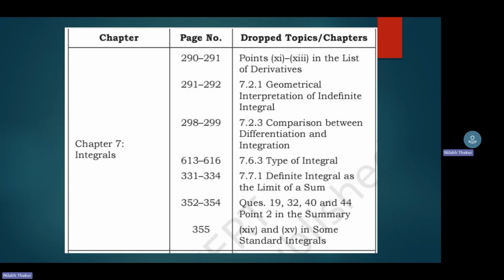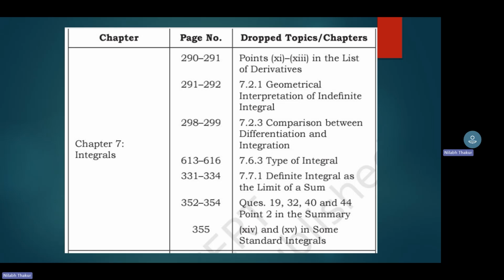Coming to integrals, chapter number 7, volume 2, NCERT book. Page number 290, 291, points number 11 and 13, the list of the derivative.